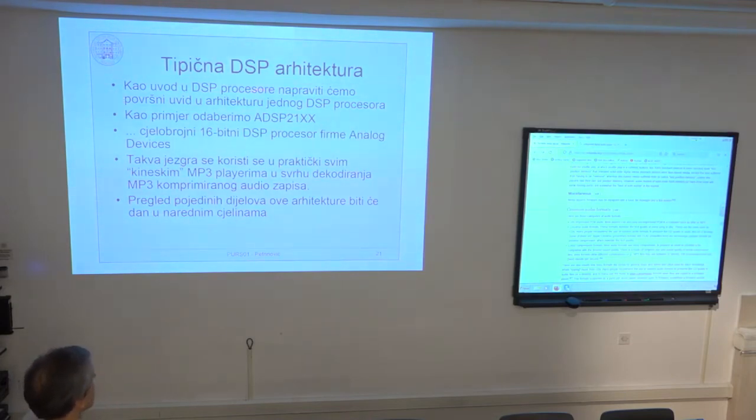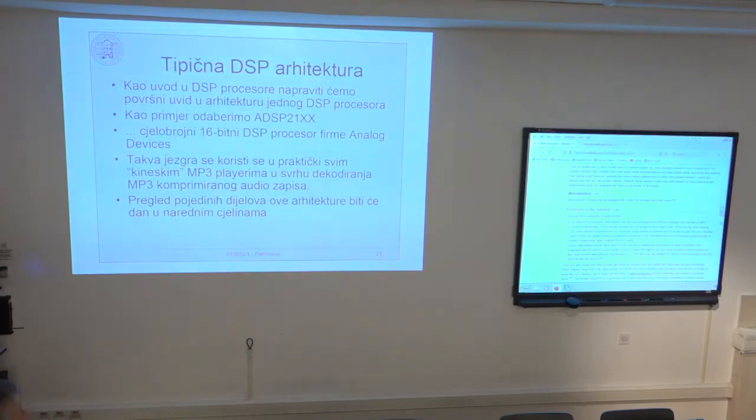It is called Analog Devices DSP 21XX, so 21 something, and the original architecture was from something like the 90s, 90 something.